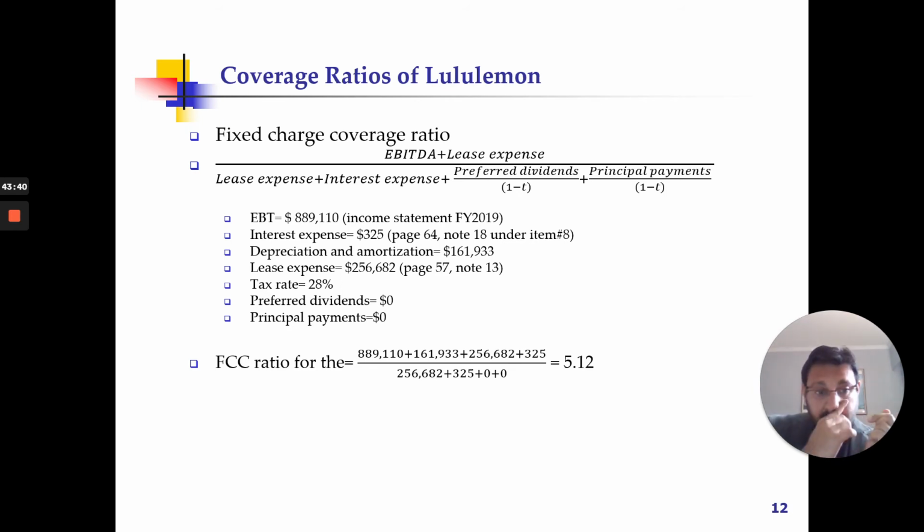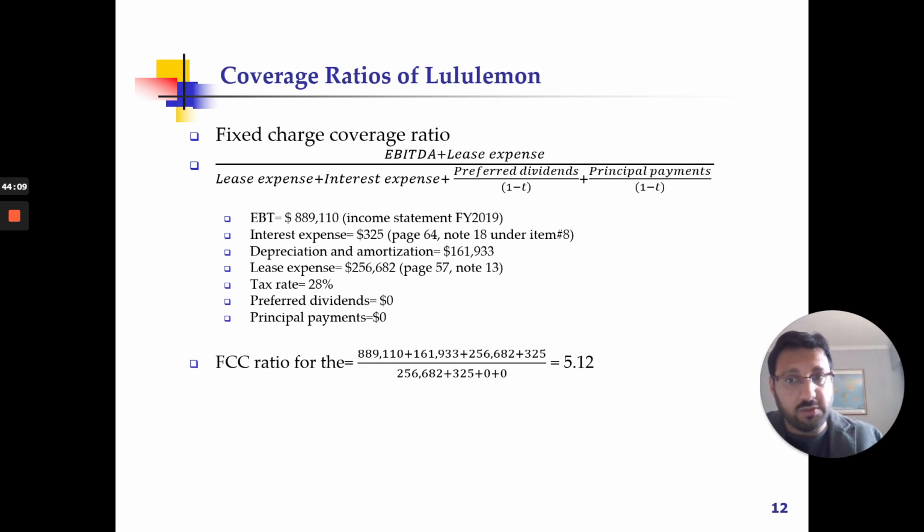Even for the preferred dividend, the company can ignore paying it and will not go bankrupt, but there are such grave stock market consequences that companies try their level best to meet their preferred dividend payments. And four, the principal payments of the interest bearing loan. So these four are the fixed charges which they have to pay. So they want to see whether they have enough funds available to cover those payments.